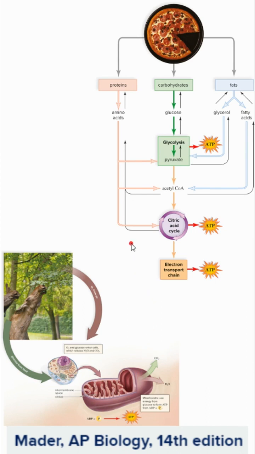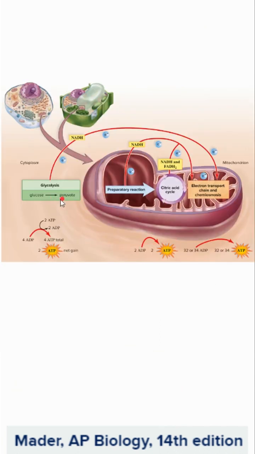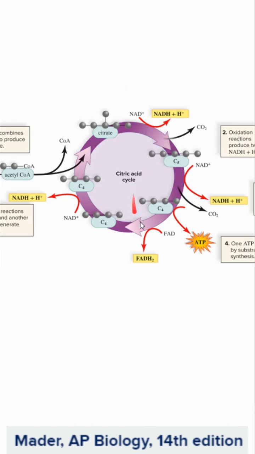But each of our macromolecules, all of our proteins, carbohydrates, and fats, can all end up being used for energy depending on environmental needs. Only glucose goes through glycolysis, but we can take acetyl-CoA and get into the citric acid cycle within the mitochondrial matrix.